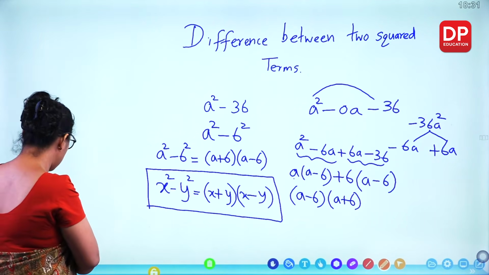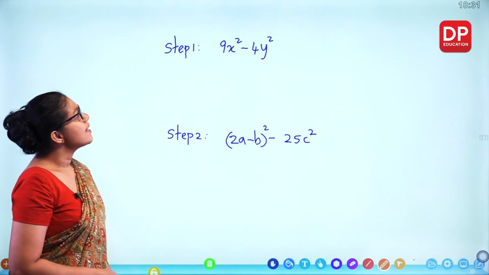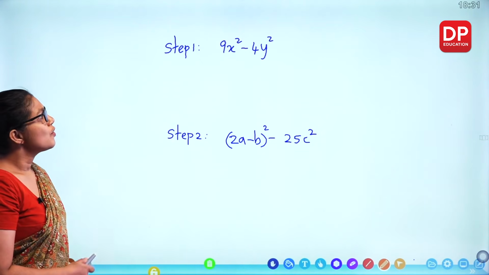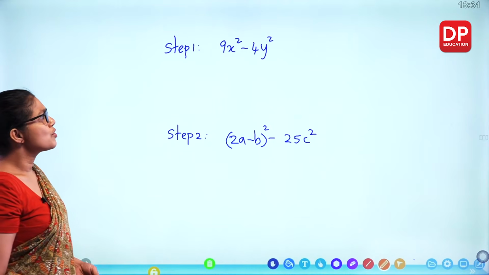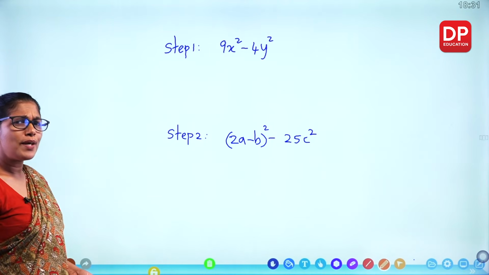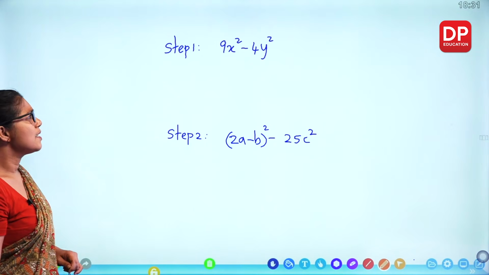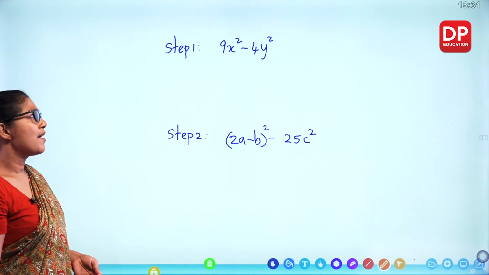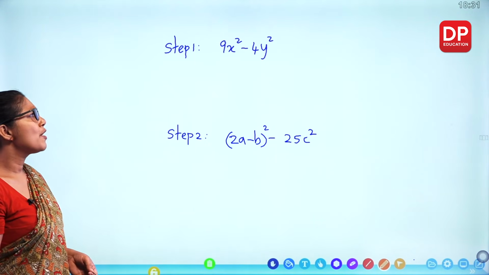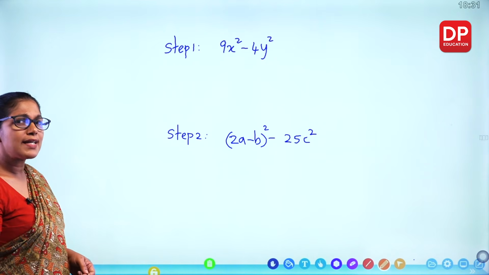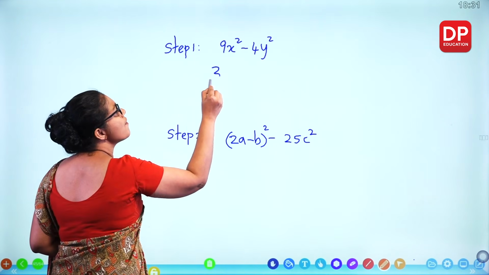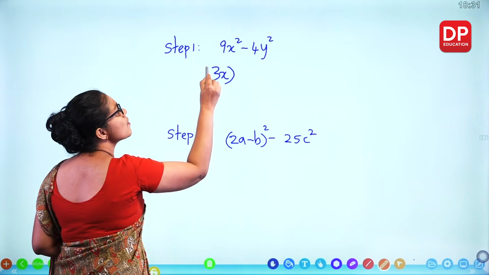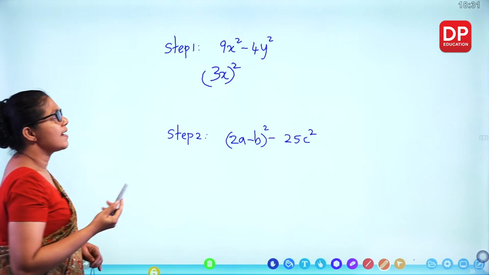Now we'll look at example number 1. Here, a straightforward question. You've got two terms, but we don't know whether these are two square terms. So 9, yes, you can write as 3 squared. What about 4? You can write as 2 squared. So what we can do first is write 9x squared as 3x whole thing squared.